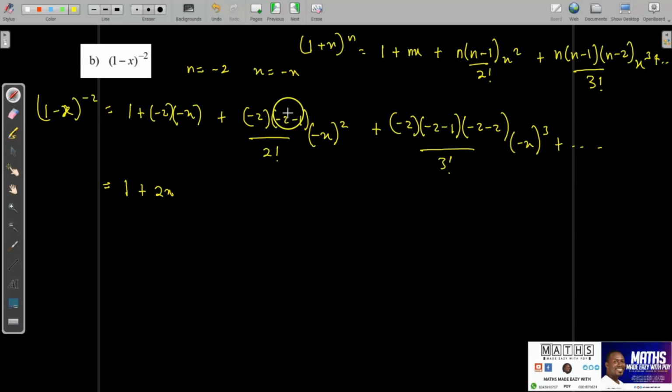So negative 3 multiplying negative 2, what answer do we have? Positive 6. So positive 6 divided by 2 factorial is the same as 2. What do you have? 3. So we have positive 3 here. How about this side? Negative x all squared is what? x squared. So we have x squared.